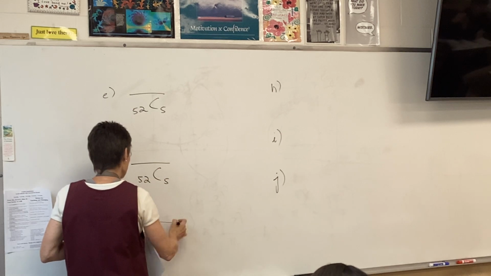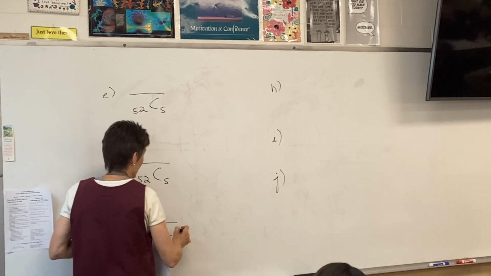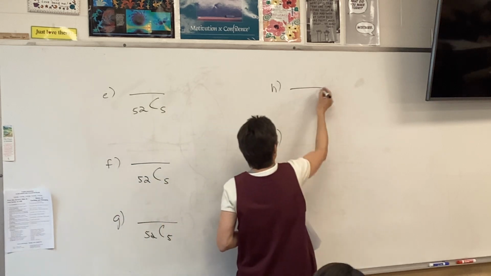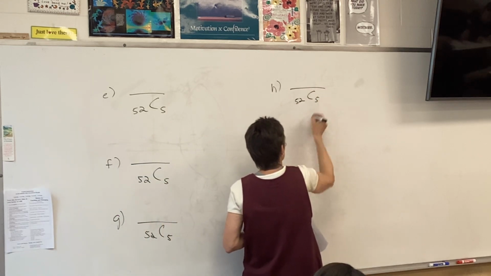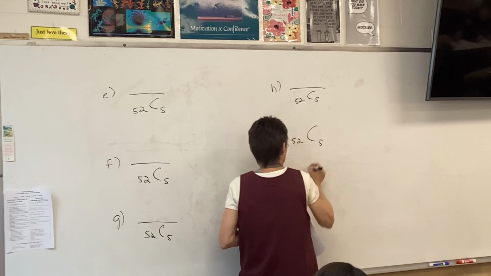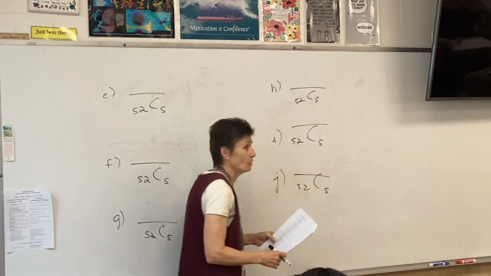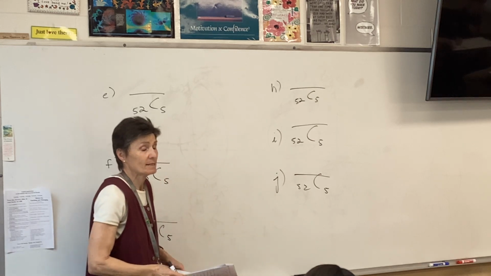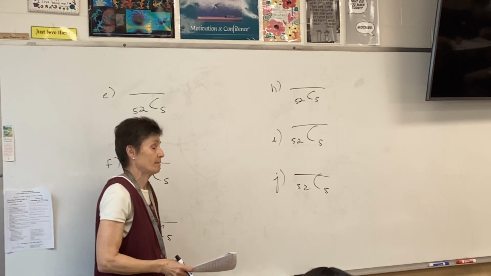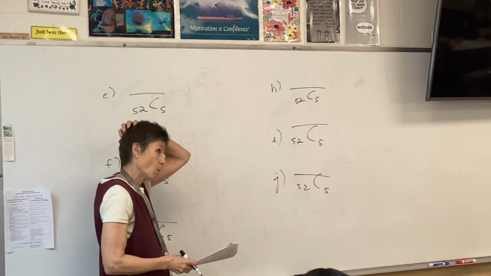Because when we do probability, the denominator is the total. And the total number of 5-card hands in the deck is 52C5. That's going to be the denominator for every one.